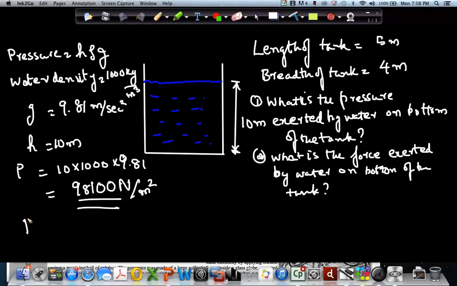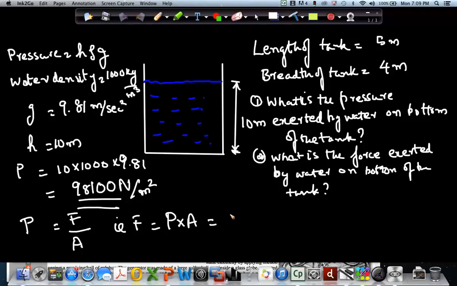What is a force? What is pressure? Pressure is equal to force by area, right? So pressure is equal to force by area. That is, force is going to be equal to, students, what is force going to be equal to? Force is going to be equal to area into pressure. Area into pressure. Absolutely right.